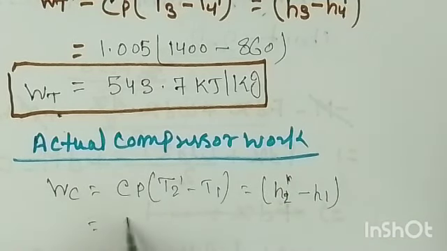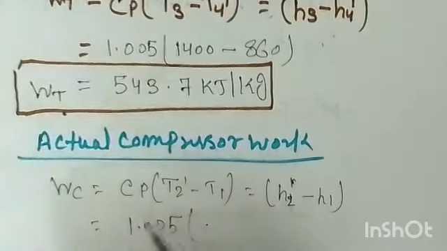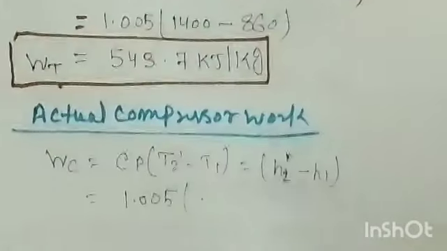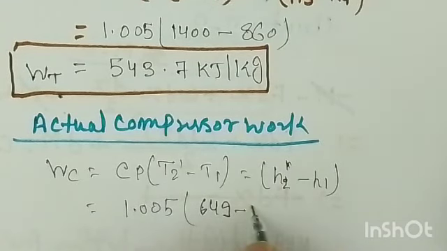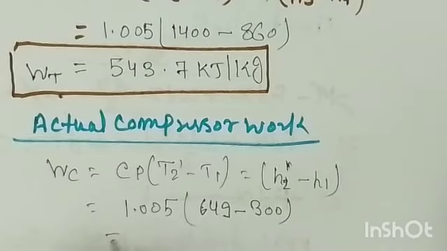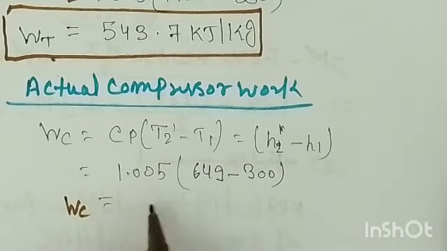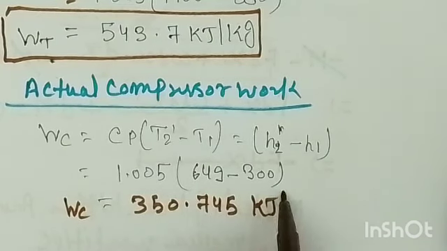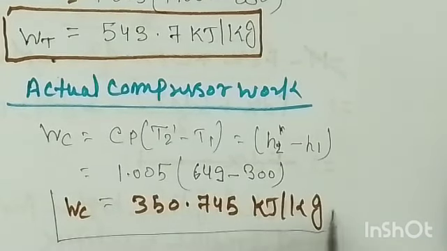You know that Cp is 1.005, T2 dash is 649 Kelvin, and T1 is given, which is 300. After calculation we'll get the compressor work WC equal to 350.745 kilojoule per kg. So this is what we calculated for our compressor work also.